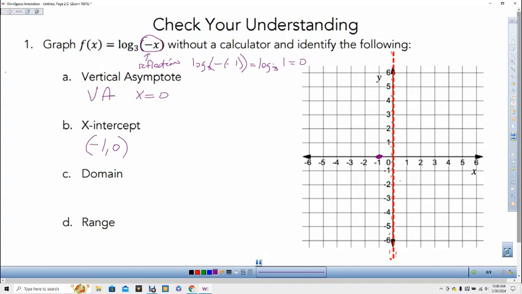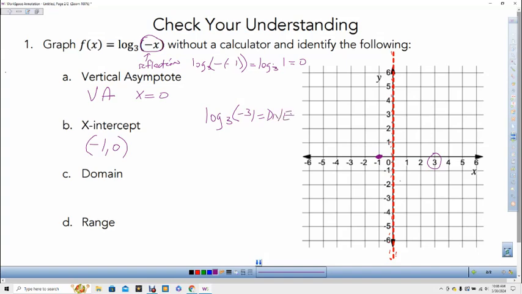And then if we were to go in and put in 3 again for log base 3, we end up with the negative x value, so that would be -3, which does not exist.